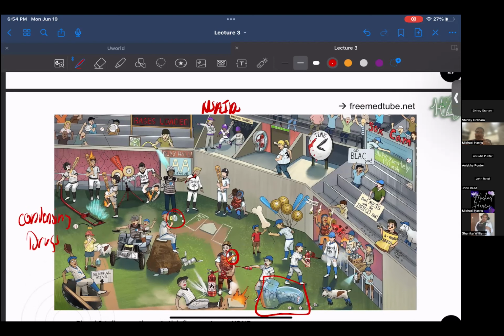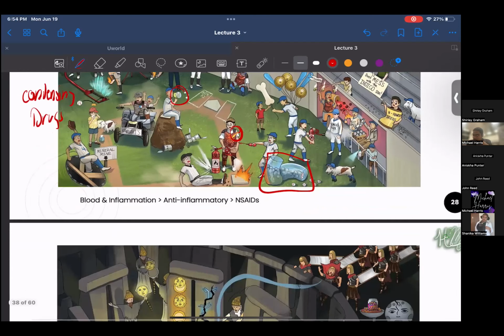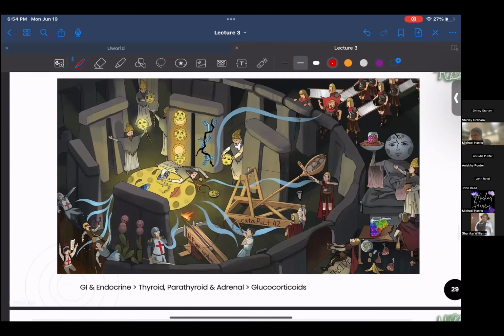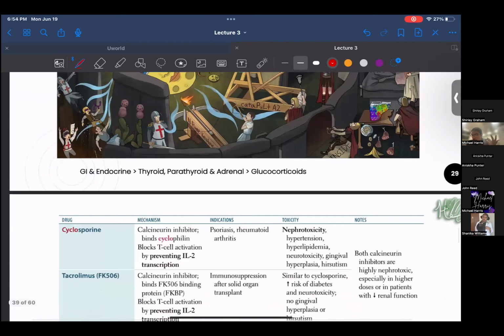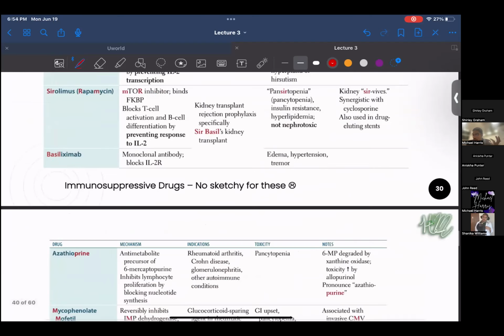That is why I found it very nice, that it allows you to condense things down. But yes, that's how that is set up. Here's another one. They have a video for glucocorticoids that you can watch. Same thing. Immunosuppressive drugs, unfortunately, they don't, what you know already.